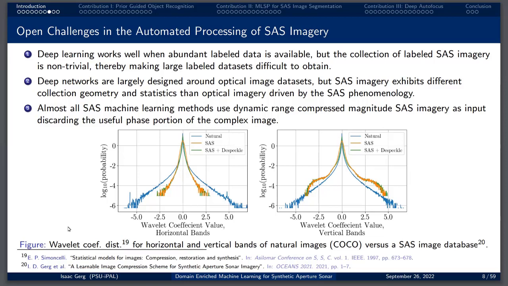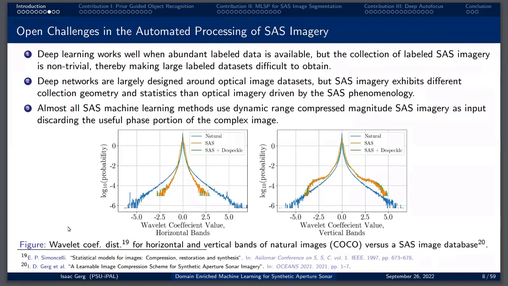Also, a lot of this deep network work has been centered around optical image data sets, but for consumer imaging. However, the statistics of those images are much different than SAS images. What I show here are horizontal and vertical features for an optical data set in blue, and then for the synthetic aperture data set in green and orange.